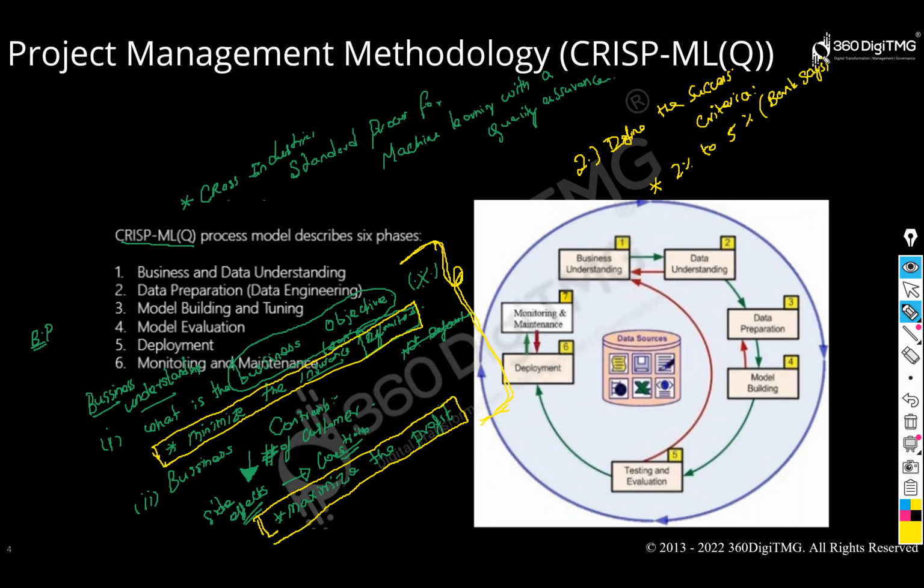What is the machine learning criteria? Accuracy should be greater than 90%, or 95% or 98% because it is a medical field. If it is a banking domain, I can say 90% is fine.